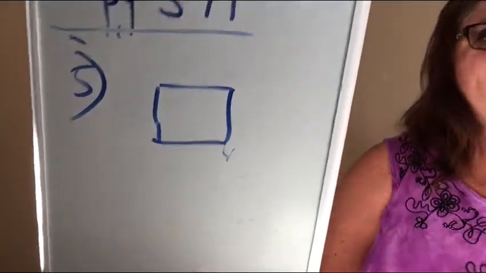Number 5, draw a polygon with 4 sides that are the same length. Number 4 is like this.